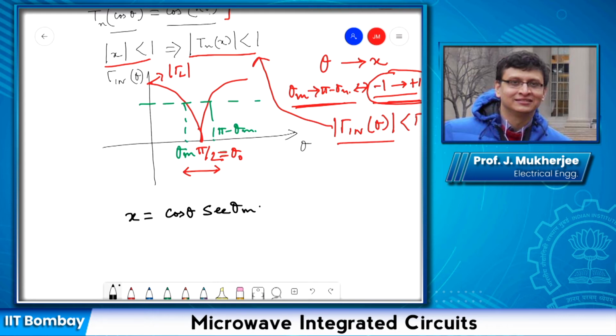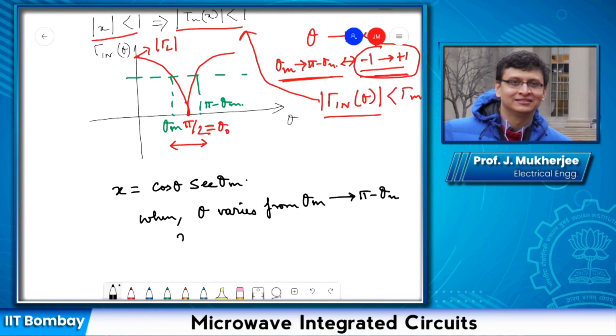You can see that this equation verifies that when theta varies from theta m to pi minus theta m, this x varies from +1 to -1, isn't it?